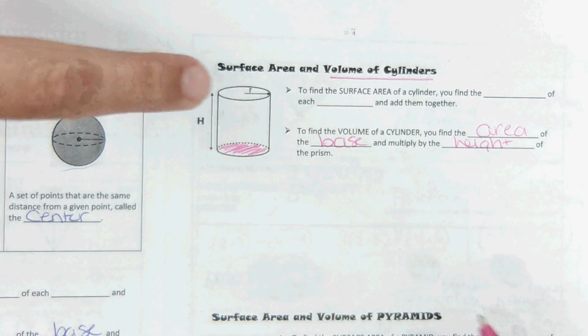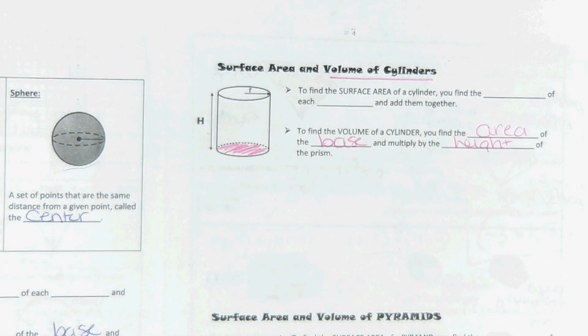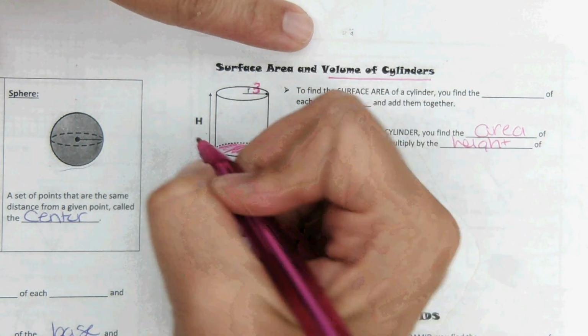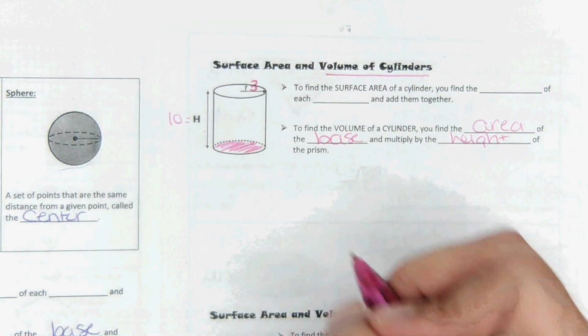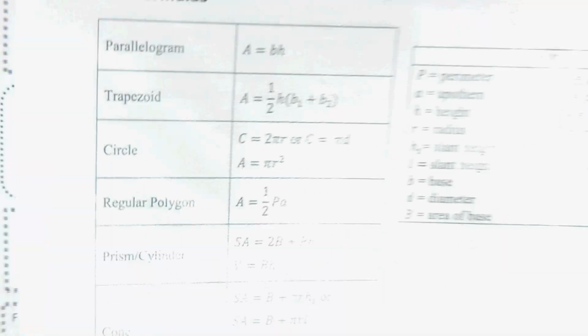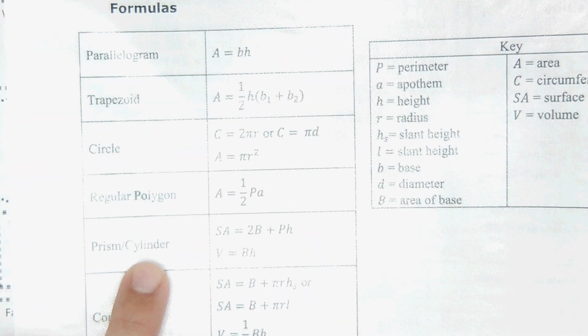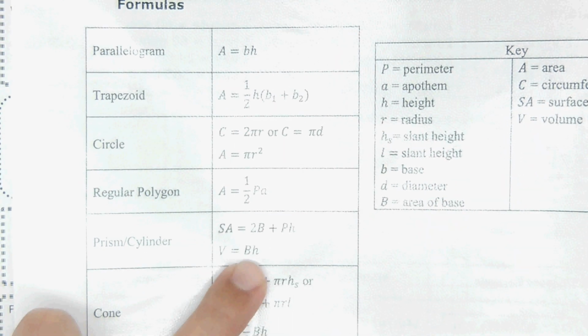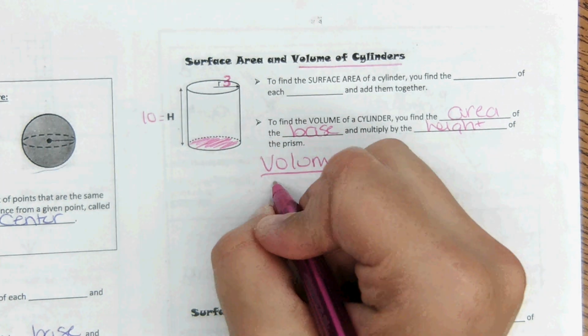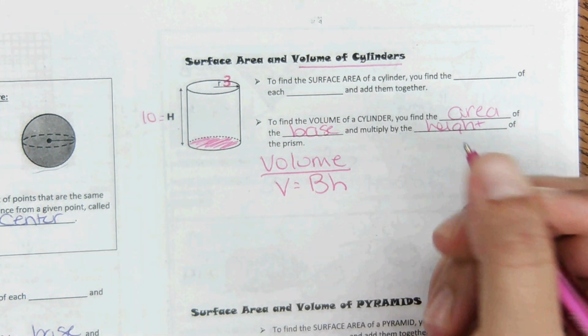So that is exactly what we're doing. To find the area of a circle, we're going to need to use an equation for that, but the radius we'll use is 3, and then the height we'll use is 10. So for volume of a cylinder, when you look on the reference sheet, cylinder right here, volume equals, again, capital B times H. So volume equals area of the base times the height.